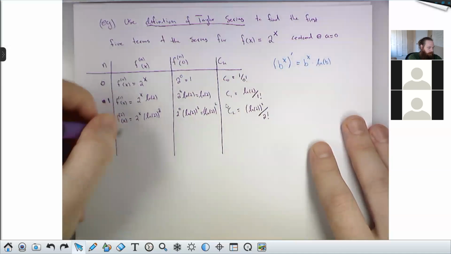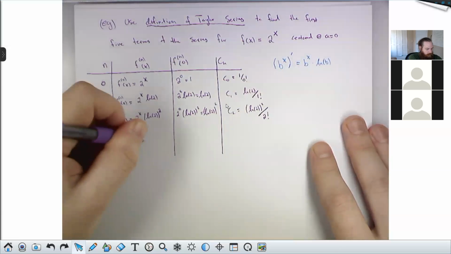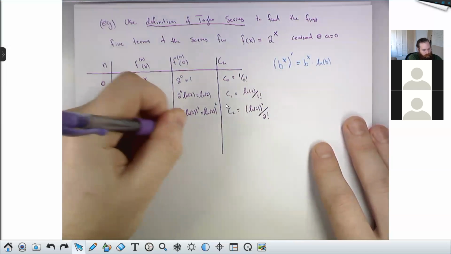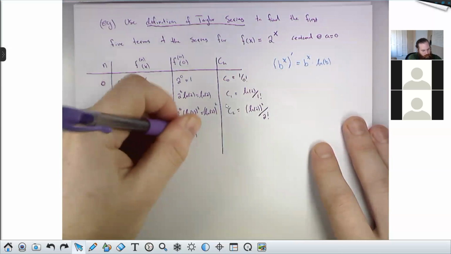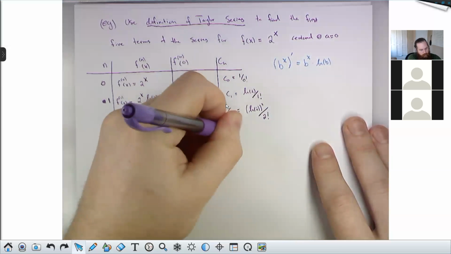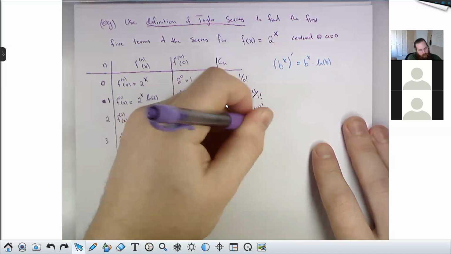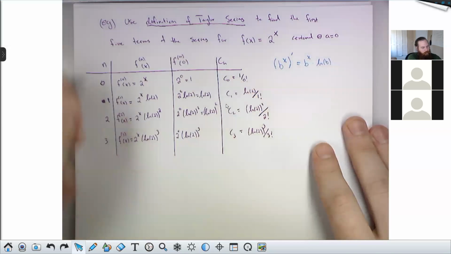When n is 3, the third derivative is 2 to the x times ln 2 cubed. So this would be 2 to the 0 times ln 2 cubed. So C3 here is the natural log of 2 cubed over 3 factorial.